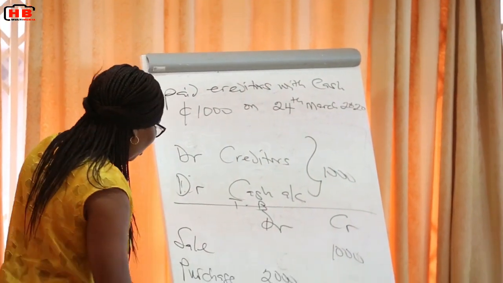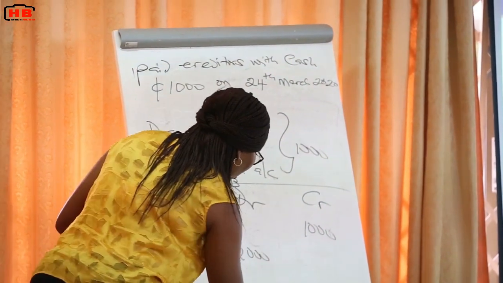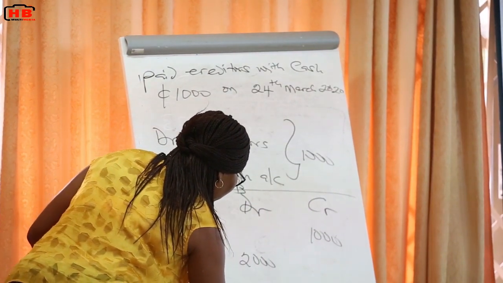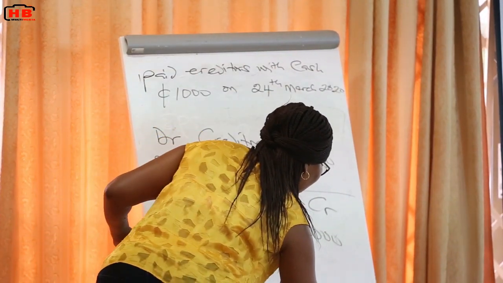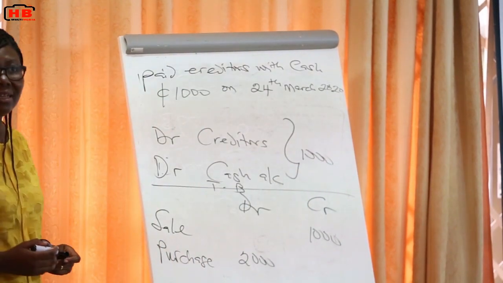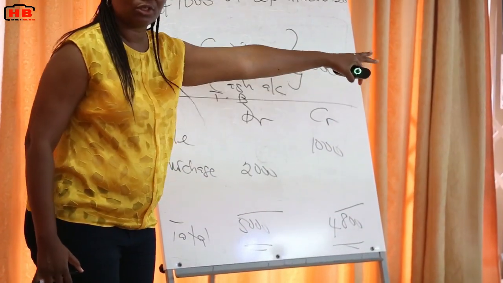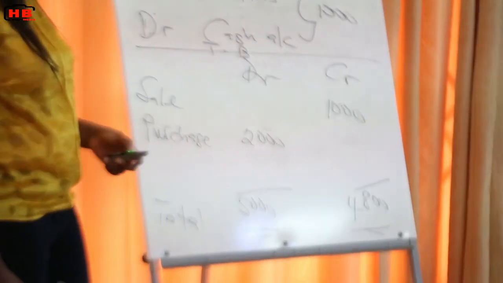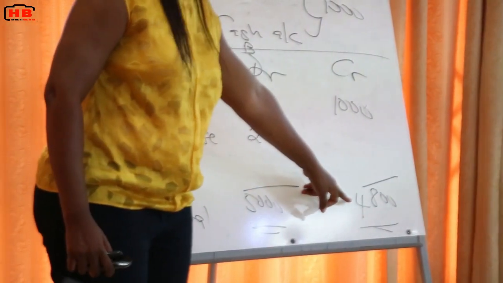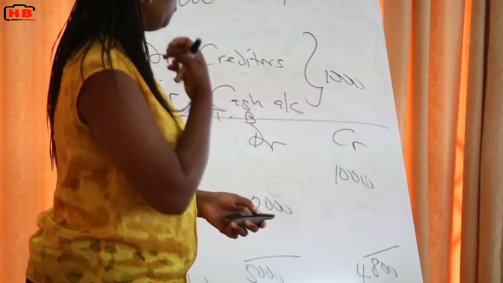If at the end of the period the trial balance total shows 5,000 for debit and 4,800 for credit, then the difference of 200 would be sent to where? The suspense account. And that is what we are looking for. Remember, the difference occurs at the credit side.